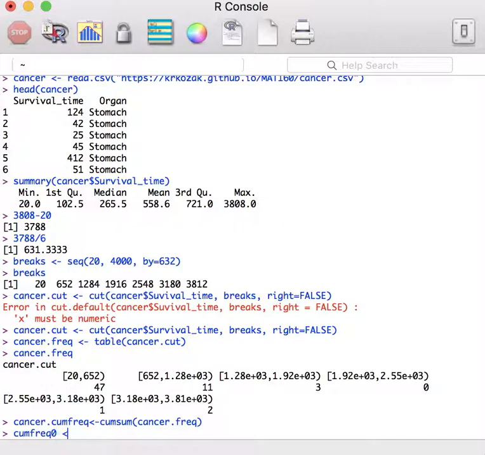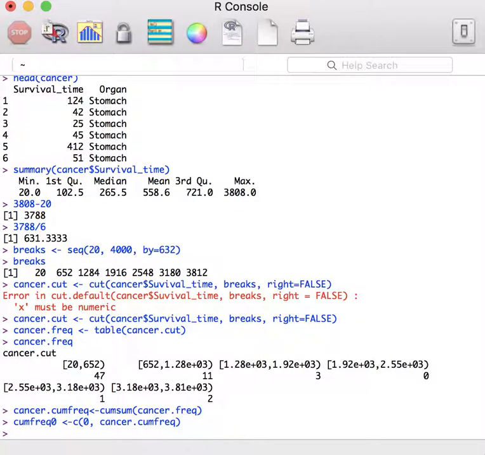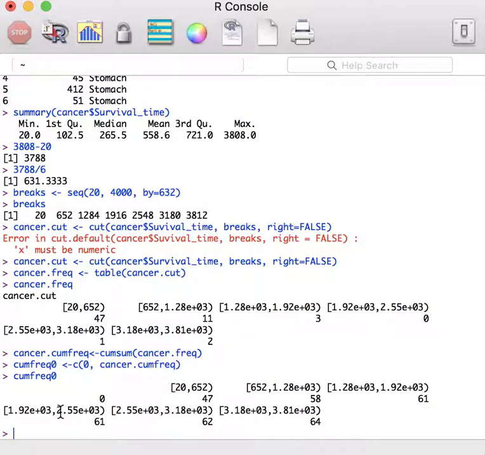And that one is going to include where I'm going to combine, and that's what the C represents, is combine these, the number 0, with this cancer.cum frequency that I just created. And then I can look at the cumfreq0 and see what this looks like.